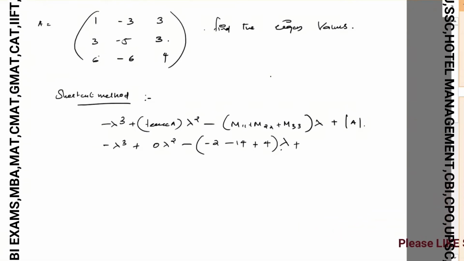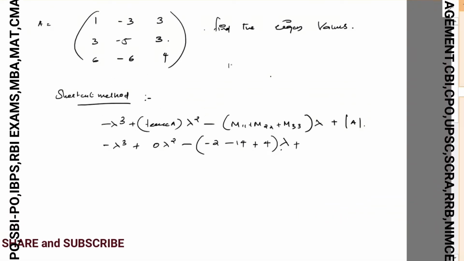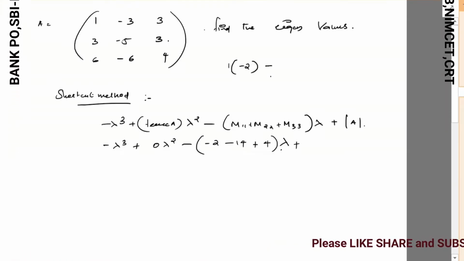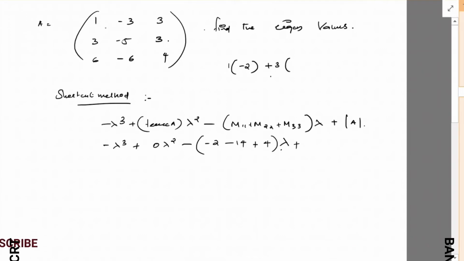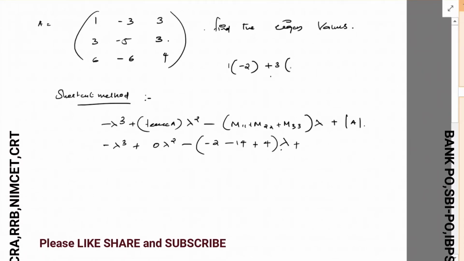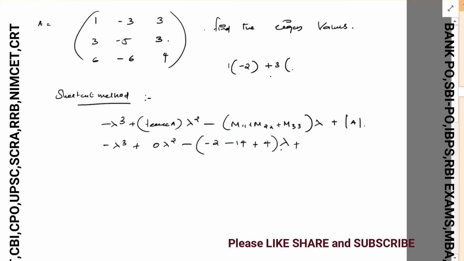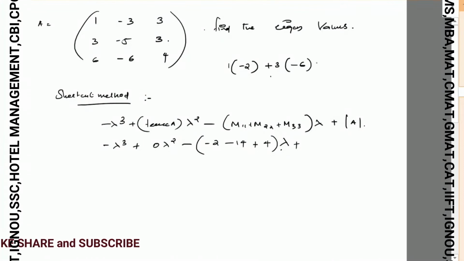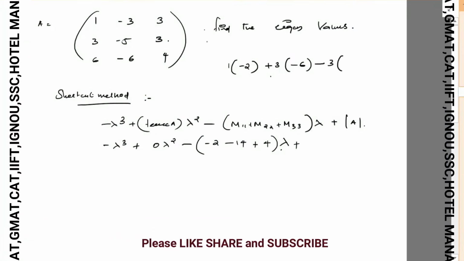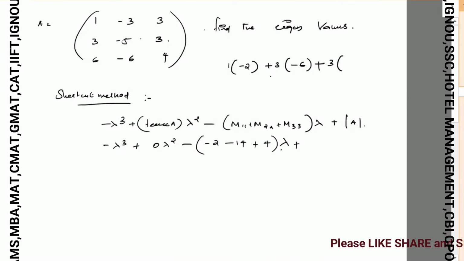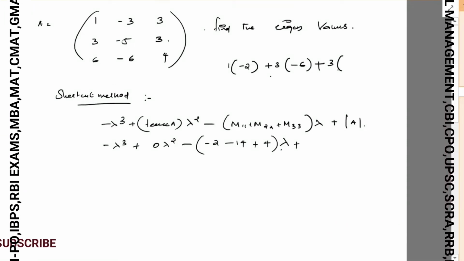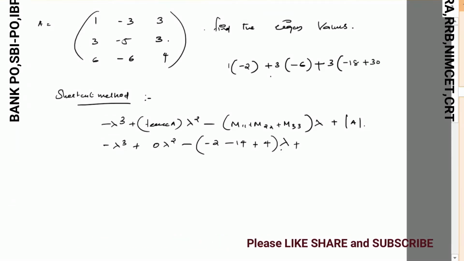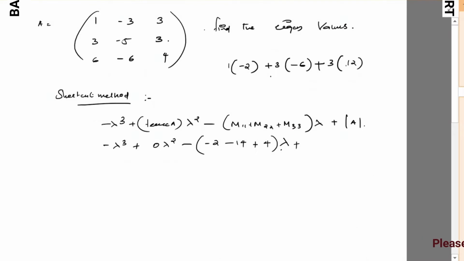The determinant will be 1 into minus 2, plus 3 into 12 minus 18, which is minus 6. Minus 3 into, sorry, plus 3 into minus 18 plus 30, that is equal to 12.